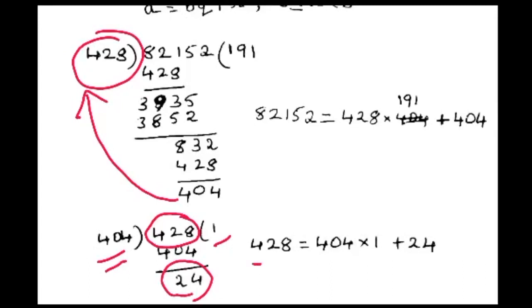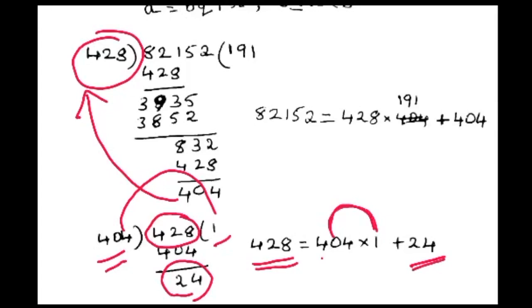So dividend 428 can be written as divisor 404 multiplied by quotient 1 plus remainder 24.